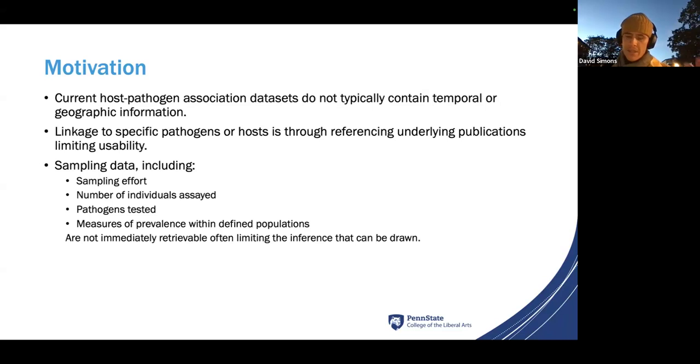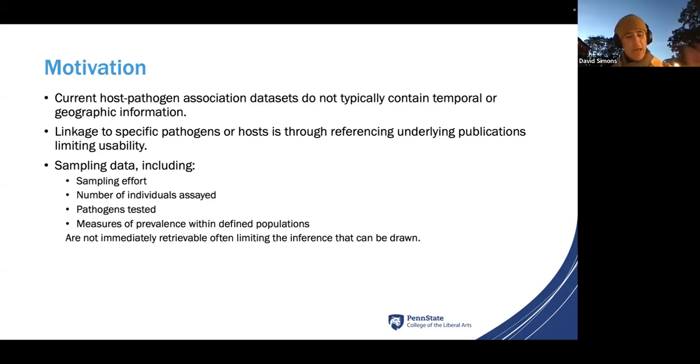However, it's a little bit limited in that there isn't any geographic or temporal data associated with the associations that we see between hosts and their pathogens, which can limit some of the inference that you want to then go and do with these fantastic data sets.